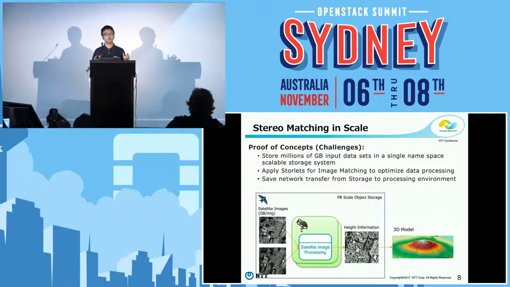So we need a huge amount of storage, and we need more effective processing. In the procedure of 3D mapping, there are several computation processes. Stereo matching is one of the processes we are focusing on in this proof of concept work. Stereo matching is the major technique to calculate depth and height from two picture inputs. So we feed two satellite images, almost raw images scanned by satellite, to create a 3D model.